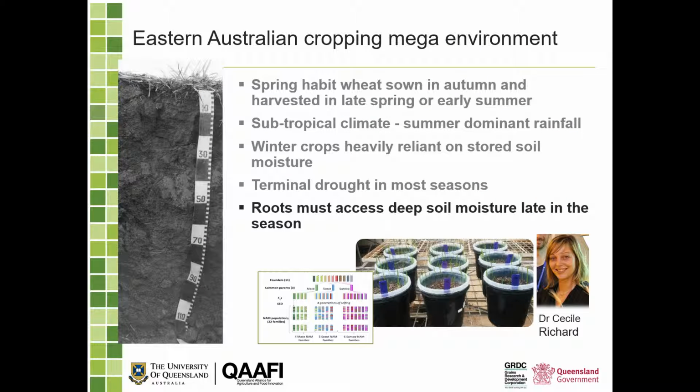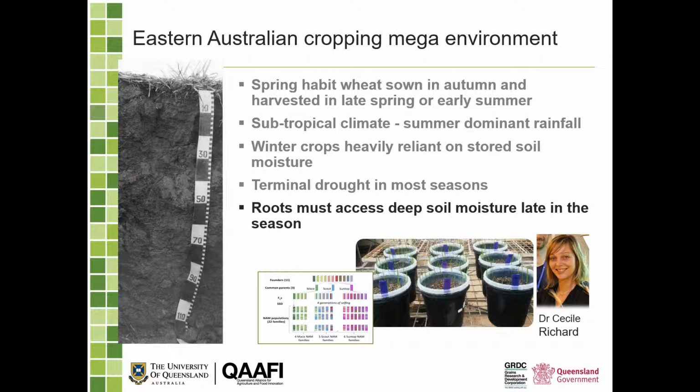So if we think about this eastern environment in more detail, it's like a lot of Mediterranean environments in that we do grow spring habit wheat that's sown in the autumn, grown through the winter and harvested in the late spring and summer. But because it's summer dominant rainfall, the crop's actually growing through the winter when there's very little rain.